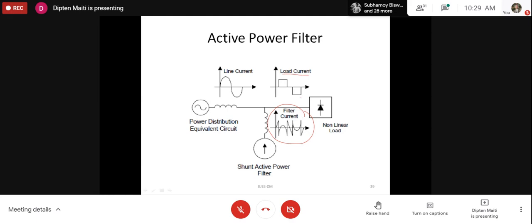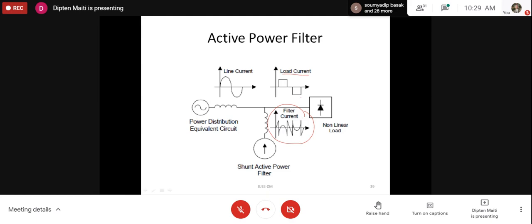Now our distribution system dictates that for a very good, or linear, load, there should be only the fundamental, which should resemble the voltage supplied by the distribution system, or even the transmission system.